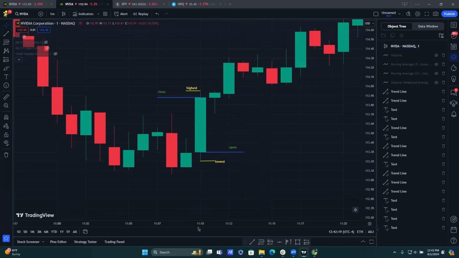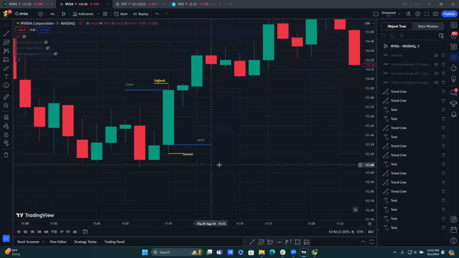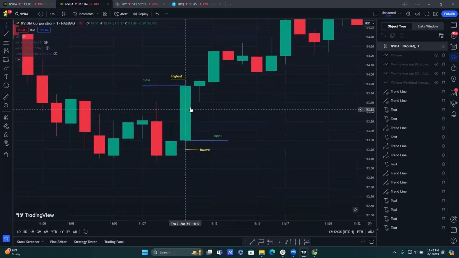So this was earlier today at 11:10, and this green candlestick appeared. Another thing to add is that when you flip this, all it is is a box and whisker plot. That's all a candlestick is.